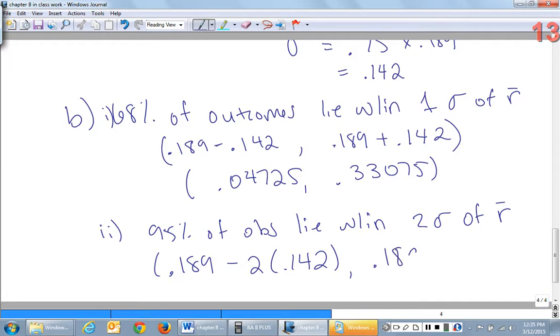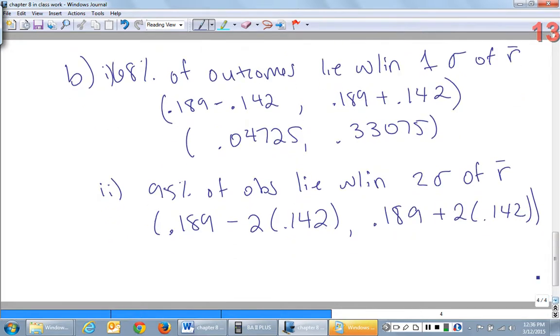Then we have our expected return of 18.9% plus 2 times the standard deviation of 14.2%. So 95% of observations will lie between negative 9.5% and a positive 47.3%.